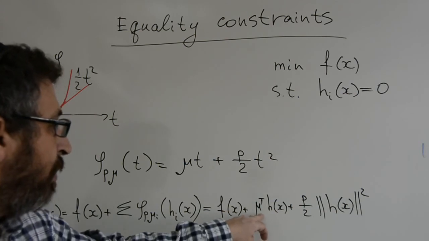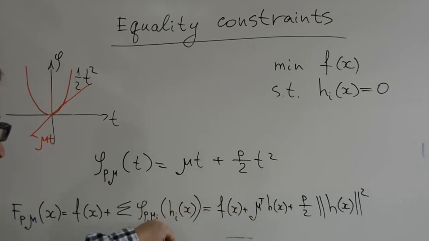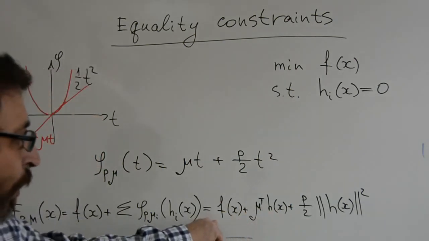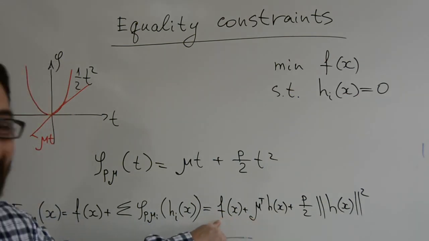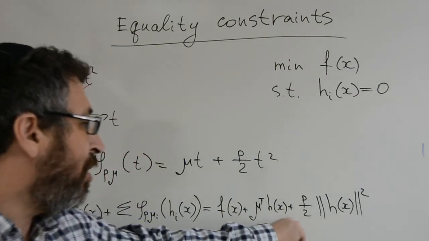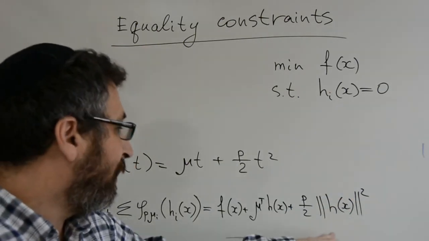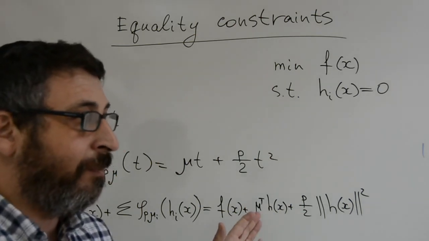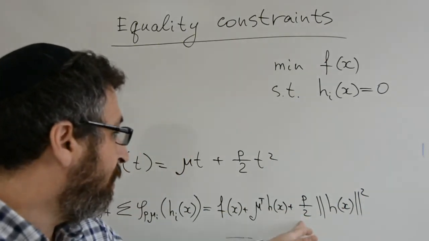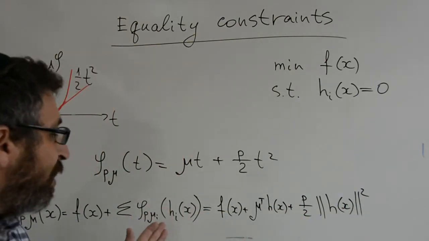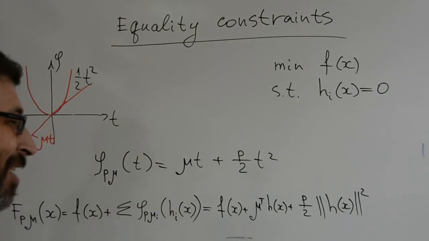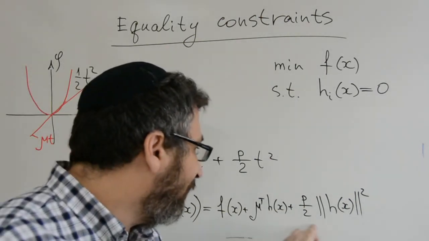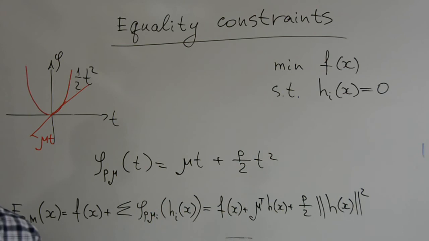The objective plus mu transpose h of x, where mu is a vector of slopes of those penalty functions, which one can recognize as the standard Lagrangian, and plus the usual regular penalty, the squared second norm of h of x, which penalizes the difference between h and 0, and that's why the name Augmented Lagrangian method. So we have the standard Lagrangian and the quadratic penalty term as an addition.